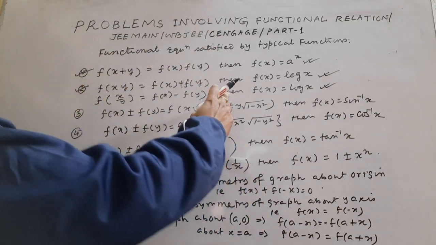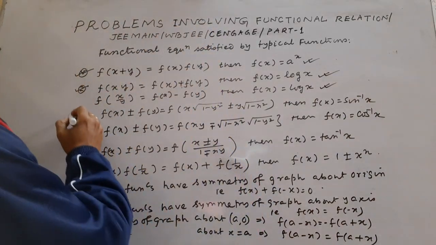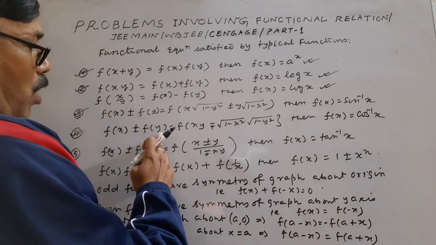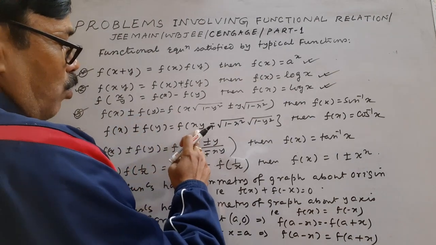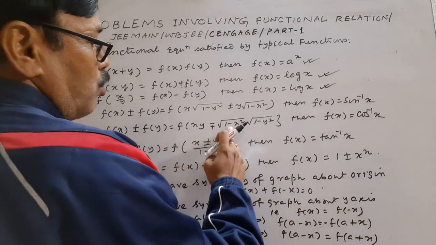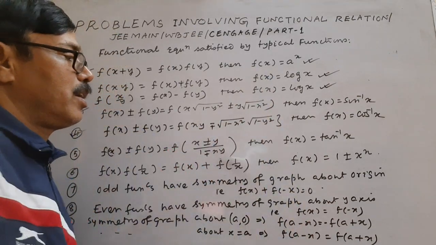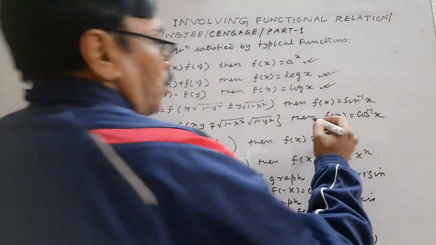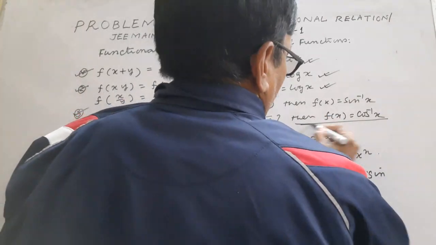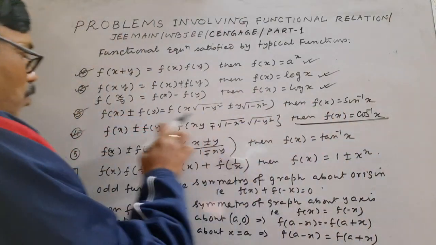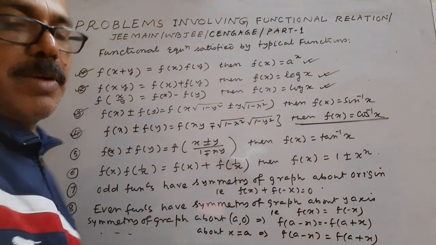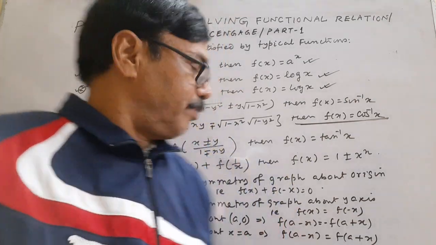This is true for minus also. Then 4, f(x) plus minus f(y) equals f of xy minus plus root over 1 minus x square into root over 1 minus y square. So here f(x) is cos inverse x. You may put f(x) equals cos inverse x, then you may verify the result.